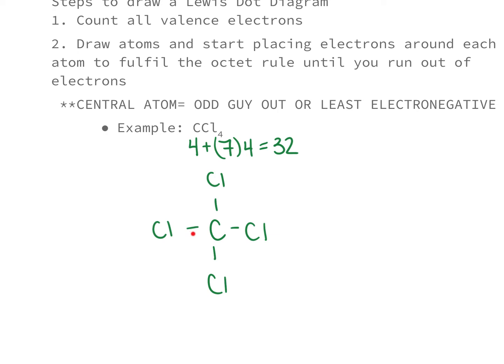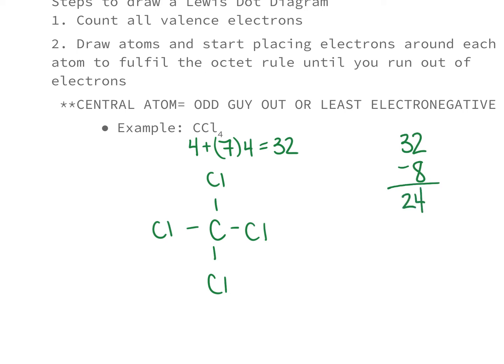How many electrons are in a single bond? 2. It's a pair, so a pair is 2. So we've used 2 electrons here, 2, 2, and 2. So we've used 2, 4, 6, 8. You with me? Then off to the side, I keep a tally of how many electrons I've used. I started with 32. I already used 8. So how many do I have left?